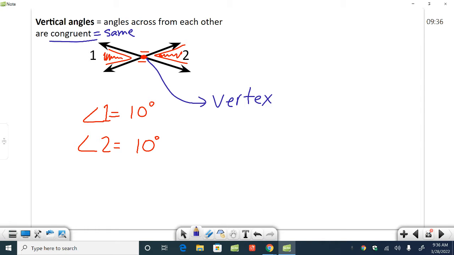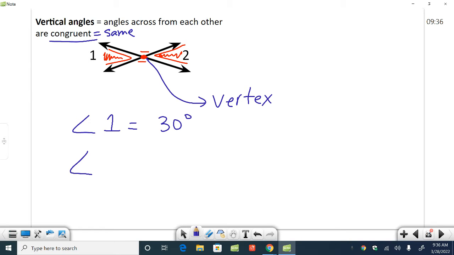If it's 90, the other one's 90. If I told you angle 1 was x plus 10, then angle 2 is x plus 10.